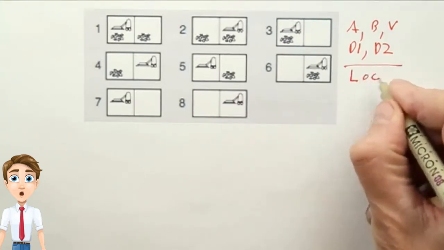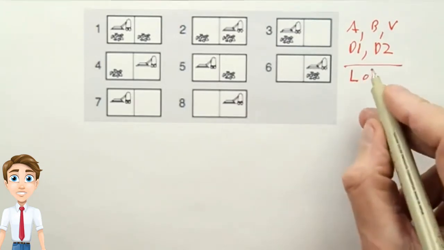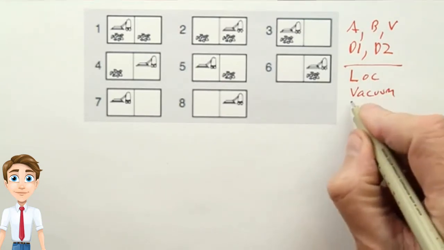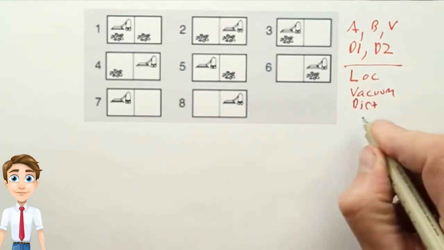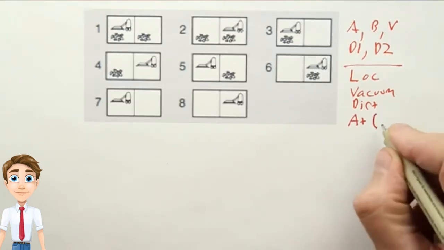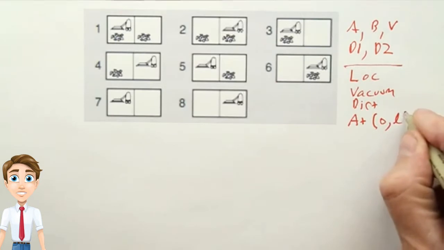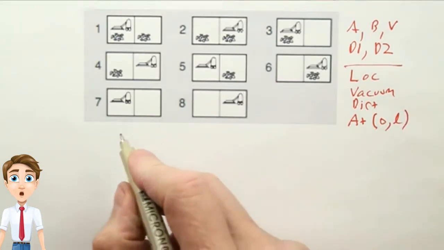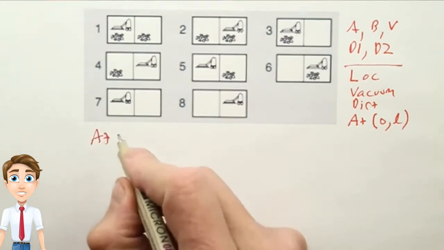The relation Loc, which is true of any location. Vacuum, which is true of the vacuum. Dirt, which is true of dirt. And At, which is true of an object and a location. And so if we wanted to say the vacuum is at location A, we just say At(V, A).